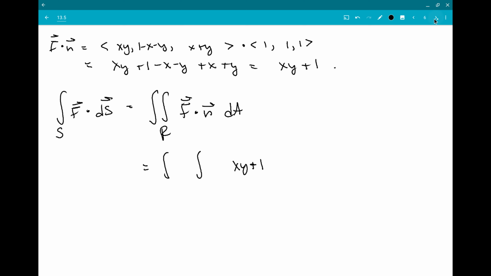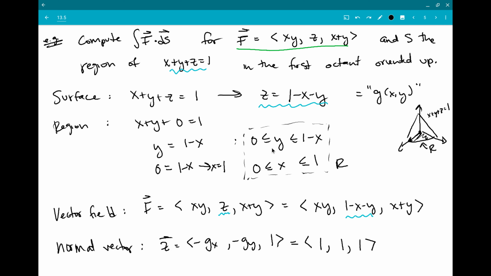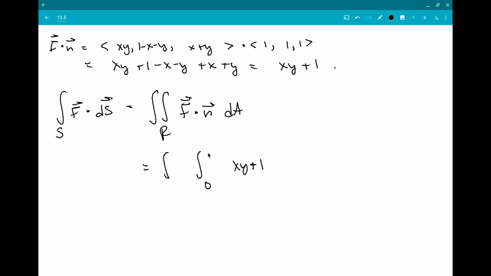And our region R, we found before, should be this: y going from 0 to the line 1 minus x, x going from 0 to 1.